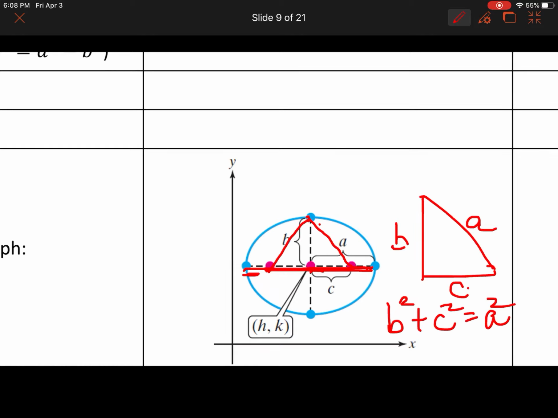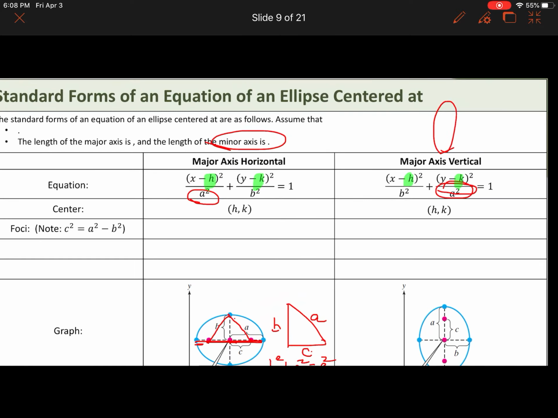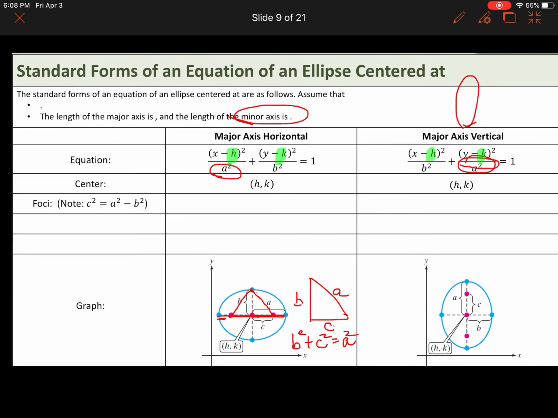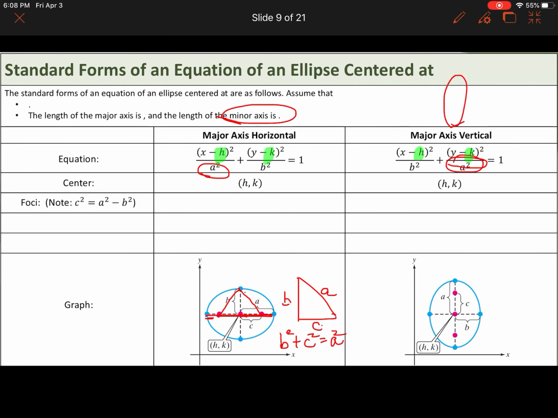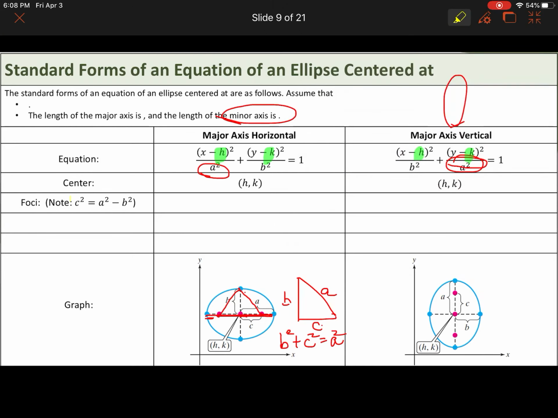So A is definitely the biggest, so A is going to be the hypotenuse since it's a right triangle, right? So we know that that is true, then we can actually find C given A and B. So knowing that A and B are from our equation, we can always find C by using this relationship here.